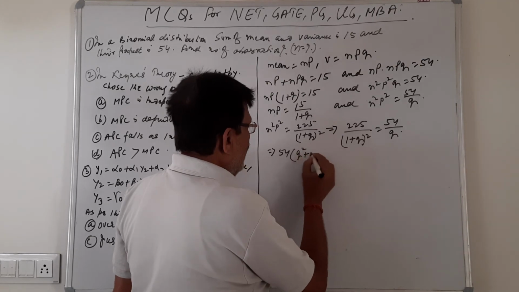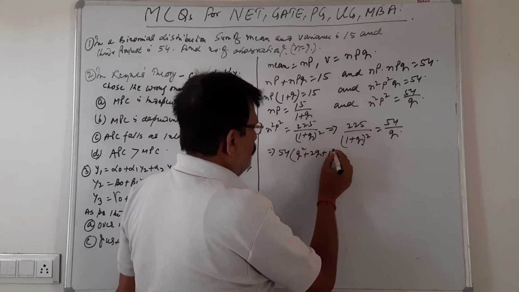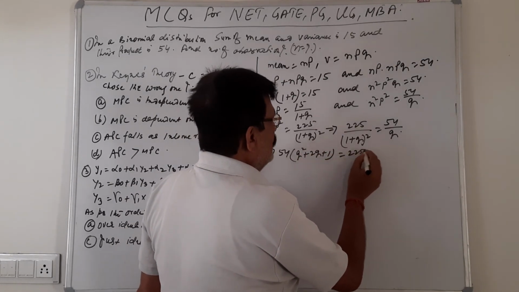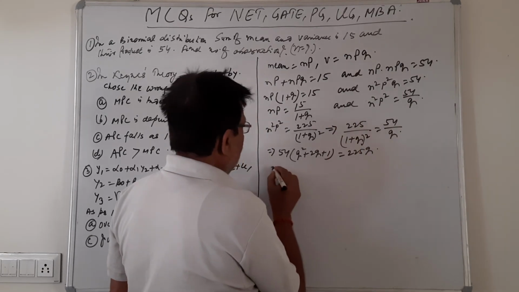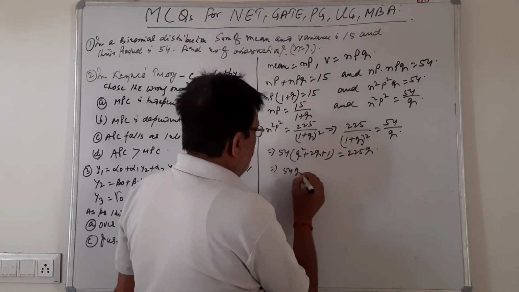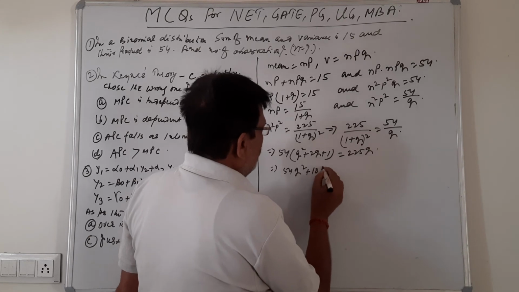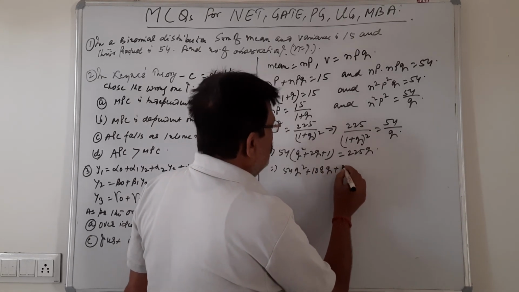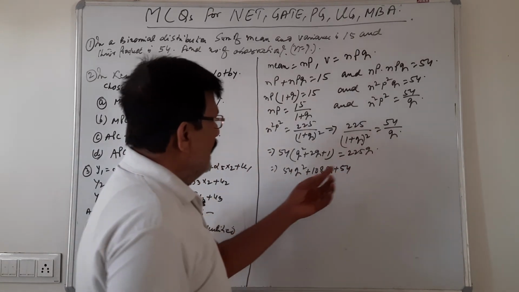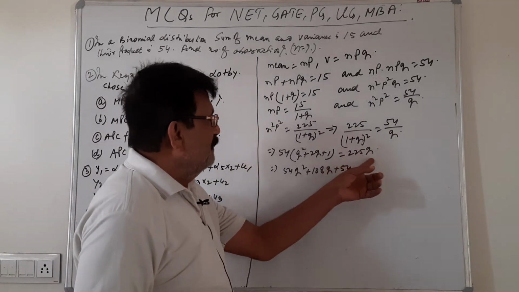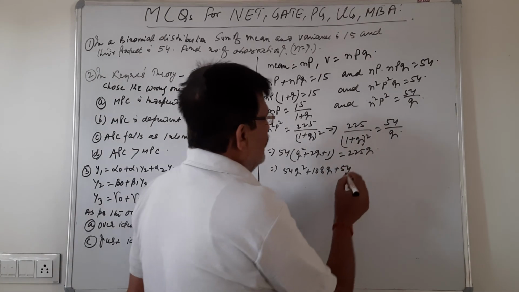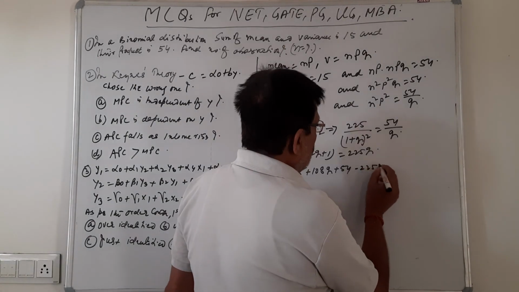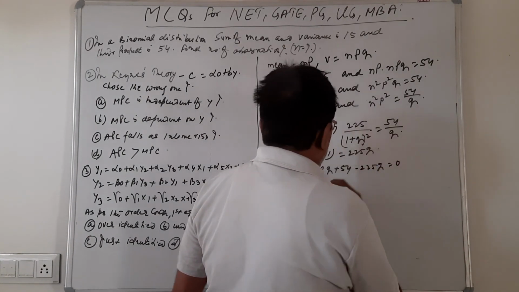So q square plus 2q plus 1 is 225q. This is 54q square plus 108q plus 54, and this 225q has to be taken to the left hand side. So minus 225q is 0.